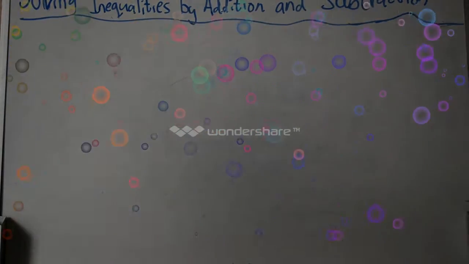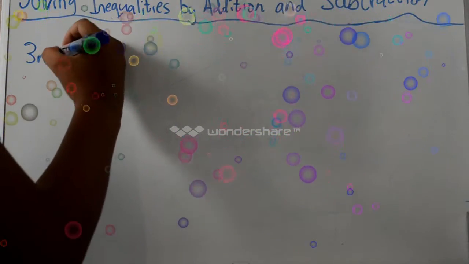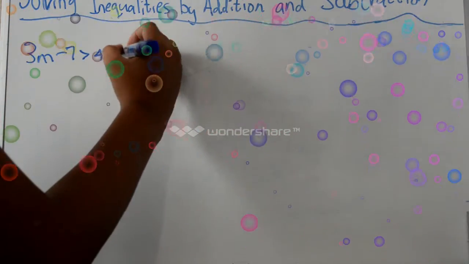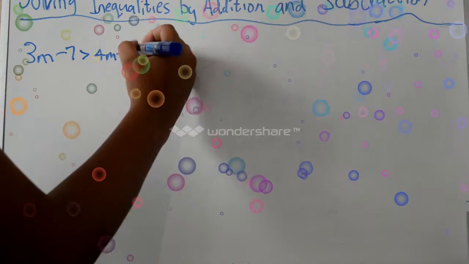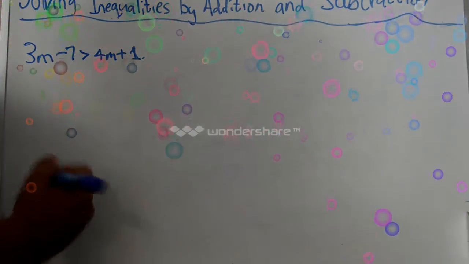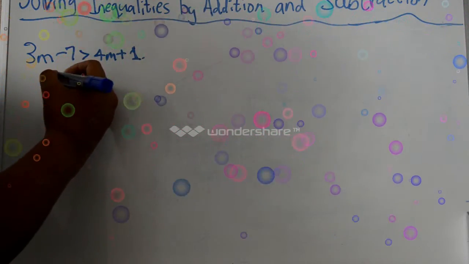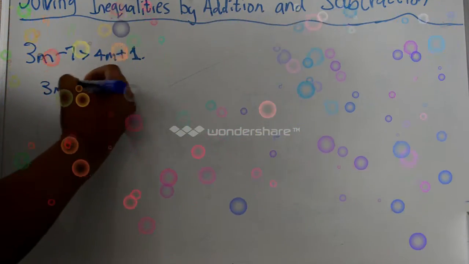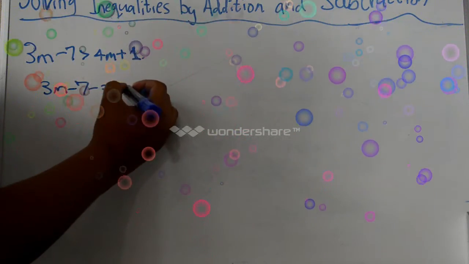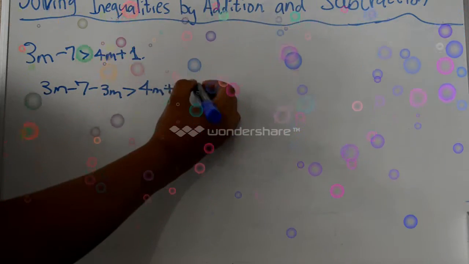So let's solve an example. 3m minus 7 is greater than 4m plus 1. So let's do this question. 3m minus 7 minus 3m is greater than 4m plus 1 minus 3m.